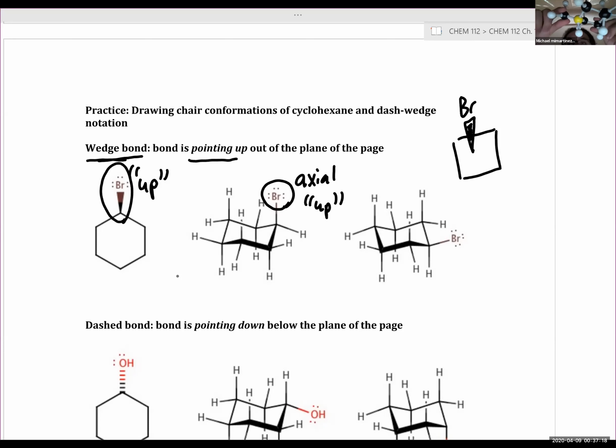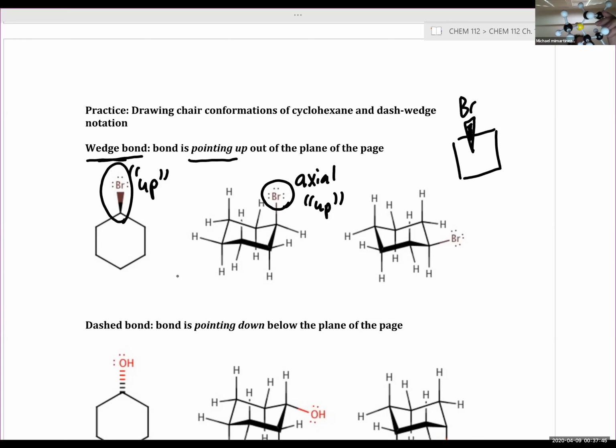Now, let's focus in and let's zoom in, and I'd like you to compare this hydrogen and our methyl group. So my question to you is, from this view, which substituent is closer to you? This methyl group or this hydrogen back here? Which one's closer to you? Which one's pointing out of the page?